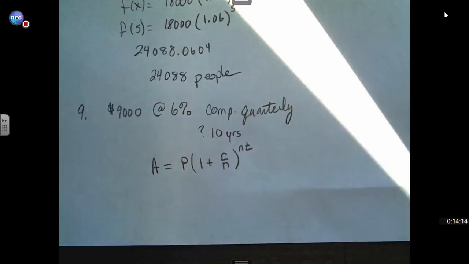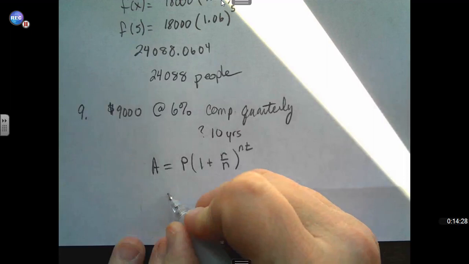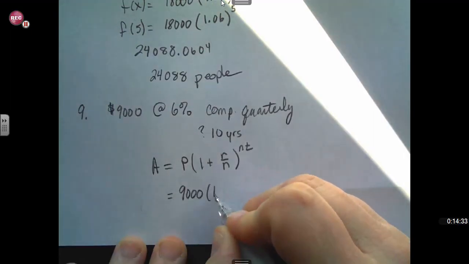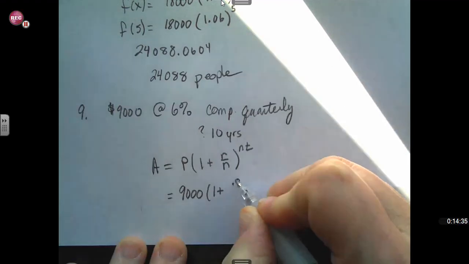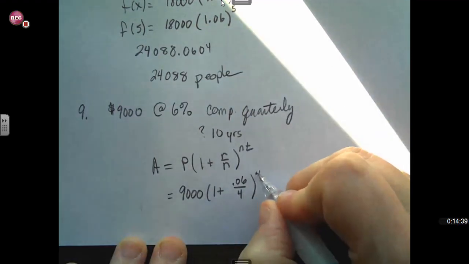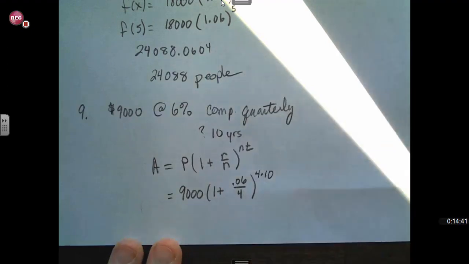And the P is the principal, that's what we're starting with. The r is the rate, n is how it's compounded. In this case, compounded quarterly, so n is 4, and then t is the time. So we're going to have 9,000 times 1 plus 0.06 over 4 to the 4 times 10.